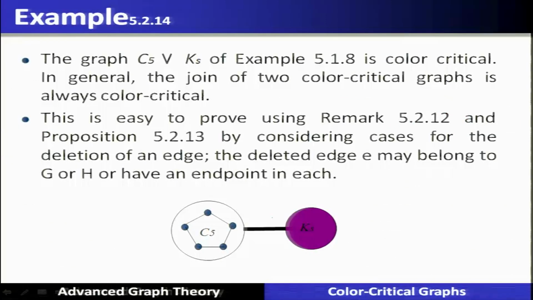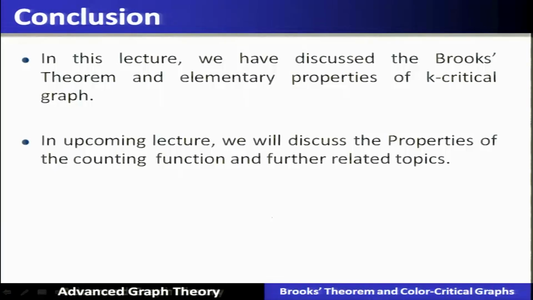The graph C5 join Ks is an example of a color critical graph. It is easy to prove using this particular remark and the proposition by considering the cases where a deleted edge e may belong to G or H or have an endpoint in each.